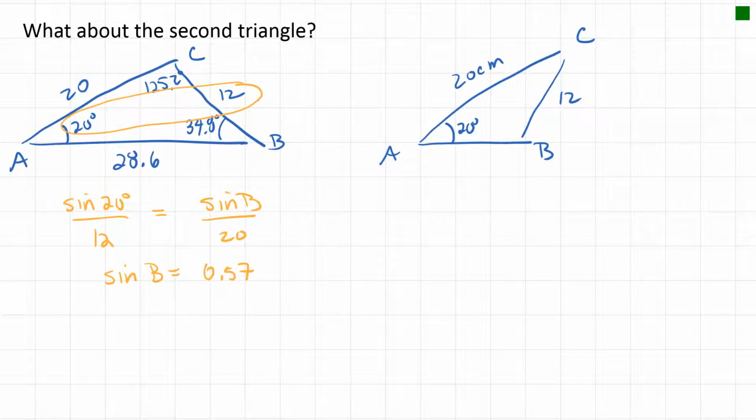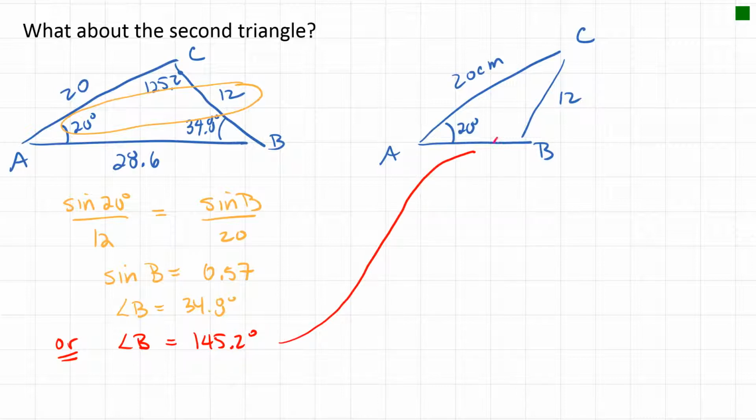And we came up with an answer of 34.8 degrees. But there is a second option, which we never considered in the last run through this triangle. Angle B could also be 145.2 degrees. And if we take a look at this diagram, this is 145.2 degrees.